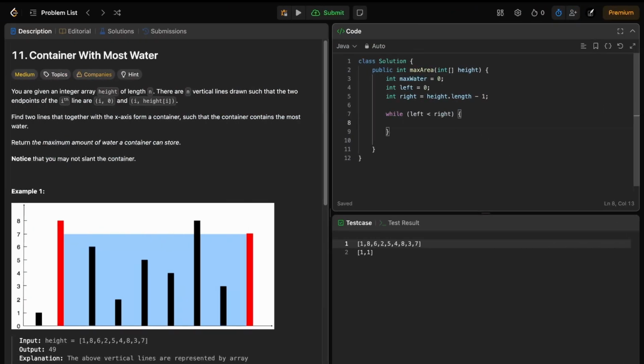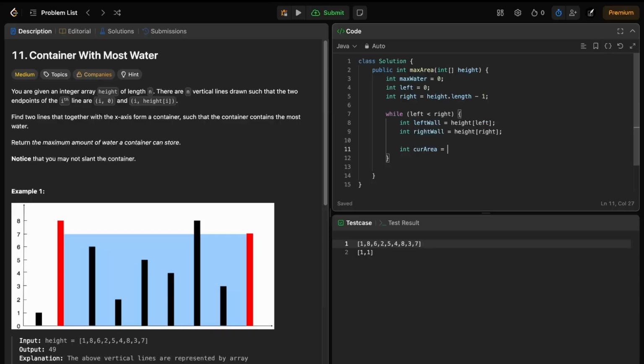Now what we are going to do is: int leftWall is equal to height of left, int rightWall is equal to height of right. And now we are going to calculate the current area. The current area, what did I say?